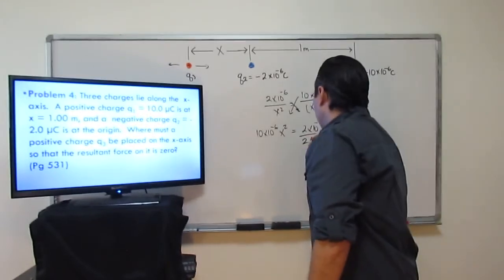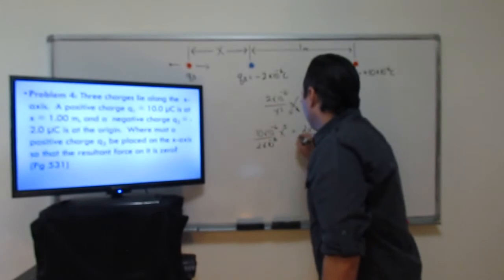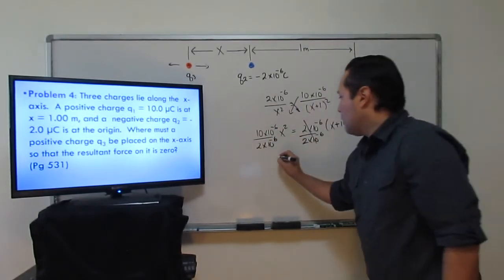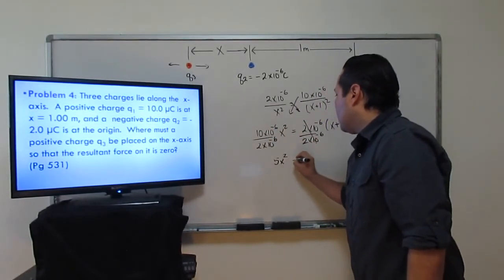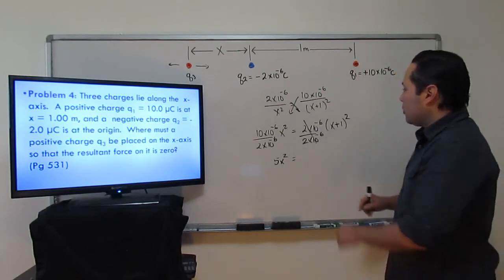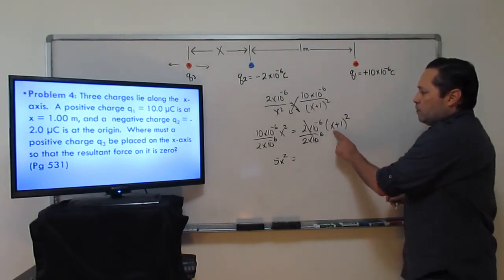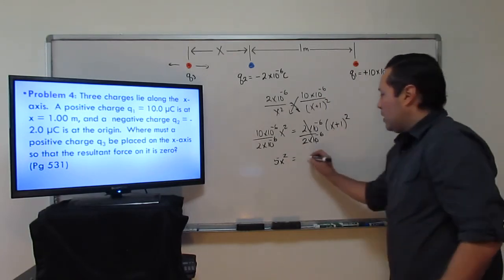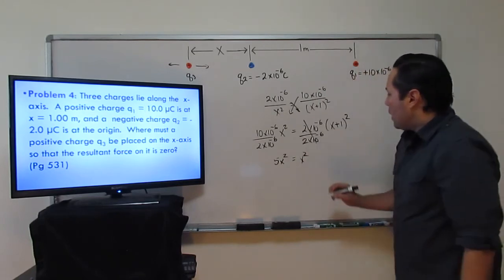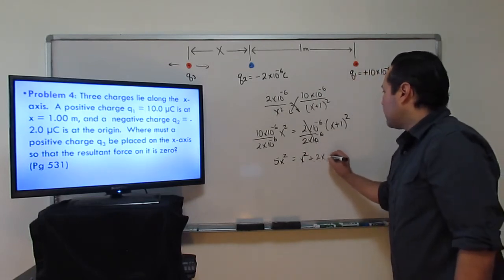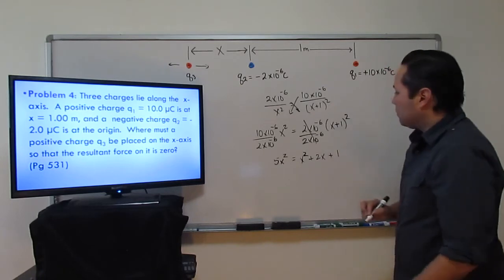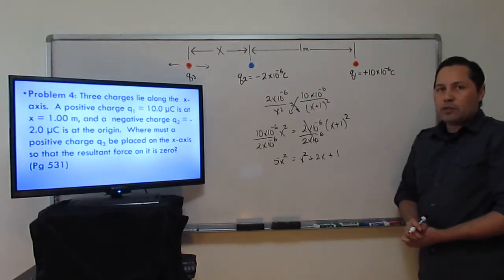After I do that, that cancels out, and that gives me 5x squared. On the other side, (x plus 1) squared will give me x squared plus 2x plus 1. So those are our values so far.